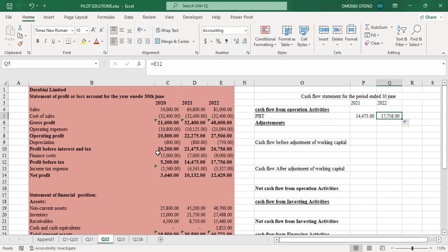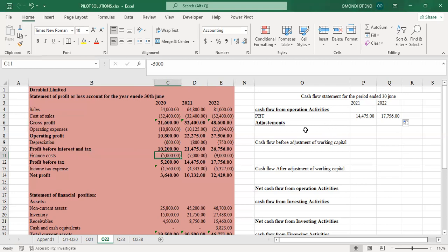Remember, it does not mean that any interest charged here is actually paid for. It's just the interest expense for that specific year. So it does not mean it was paid for, and therefore we add them back. That interest expense is also the same as finance costs. So we have to adjust the finance cost and depreciation expense.